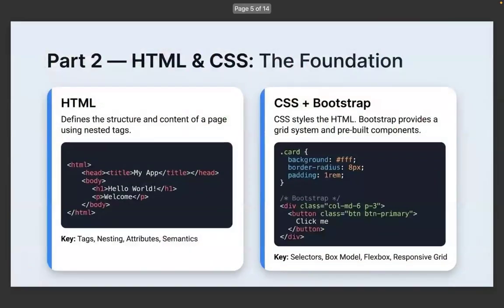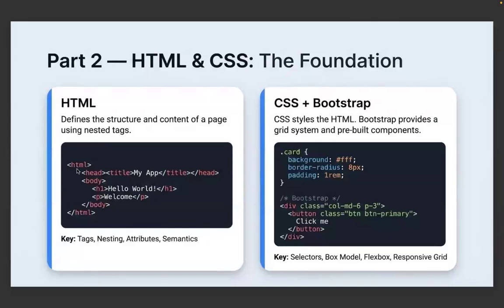And now let's break down the actual technologies that make up this stack. First, we will look at the front end layer, HTML. It defines the structure and content of a page using nested tags.